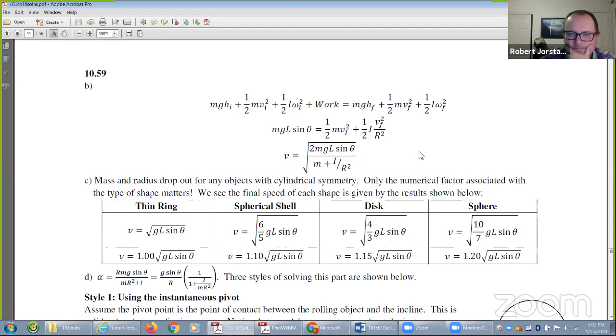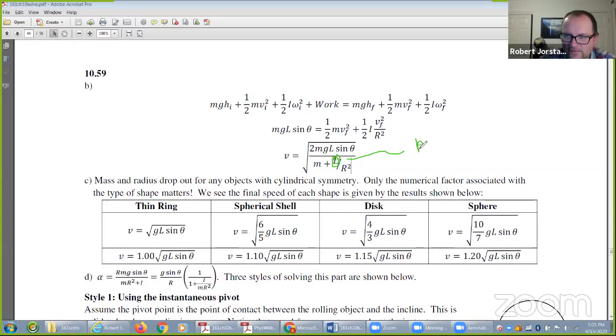Here's the cool part about it. Inside of I, this term right here, it's usually some factor times mr squared, right?